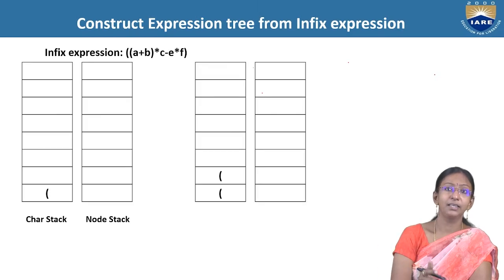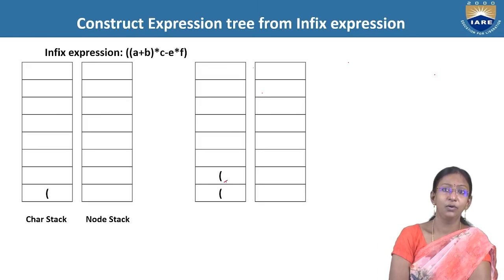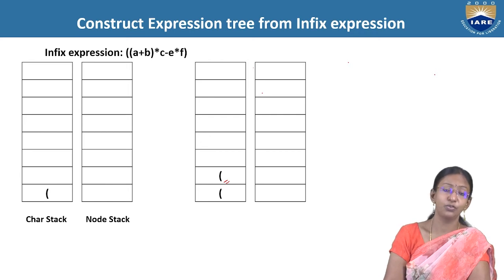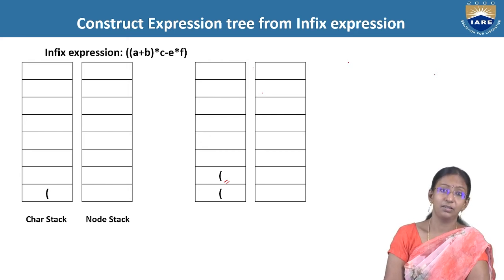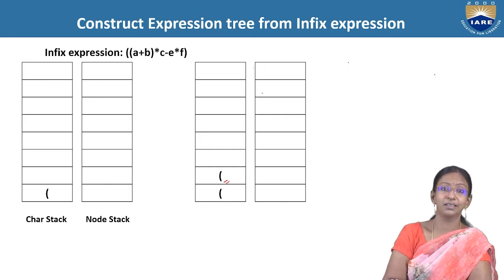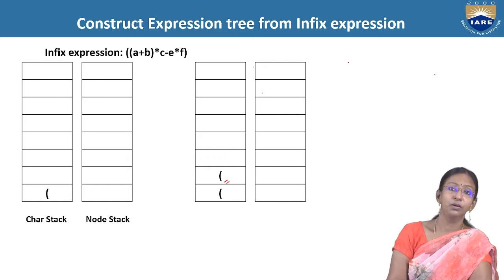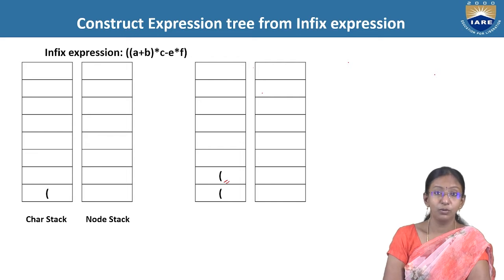The next character is another opening bracket, right? So push it into the character stack. What is the next character? Let me use the word tokens, because character may confuse you with the character stack. So what is the next token?